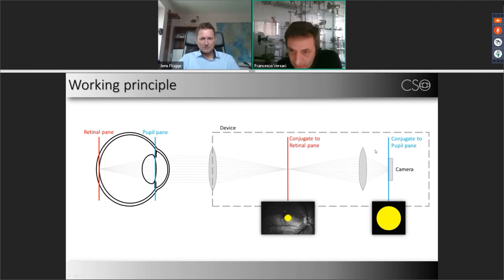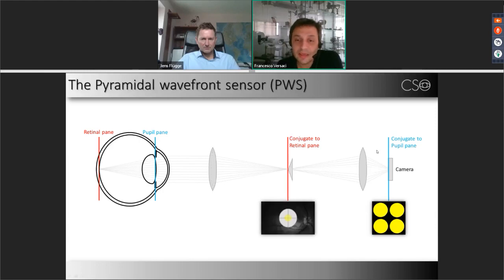Now, this one is the invention of Ragazzoni. If I place a glass pyramid where I have the retinal plane, what I'm going to have is not a single image of the pupil on the camera, but four images of the pupil.